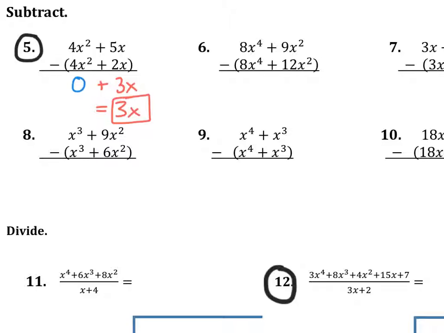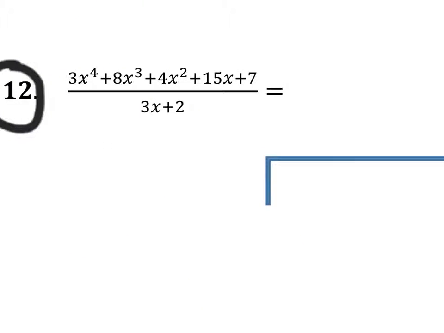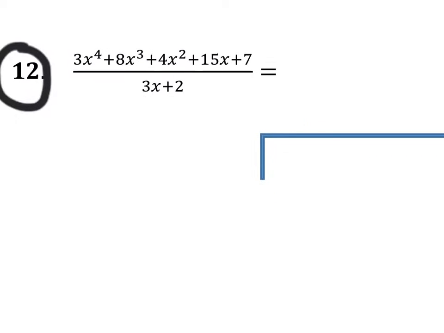So let's work on one of these full division problems. So what we're dividing by is 3x plus 2. So 3x plus 2 goes here. And then what we need to divide, this huge polynomial, needs to go underneath the sign.